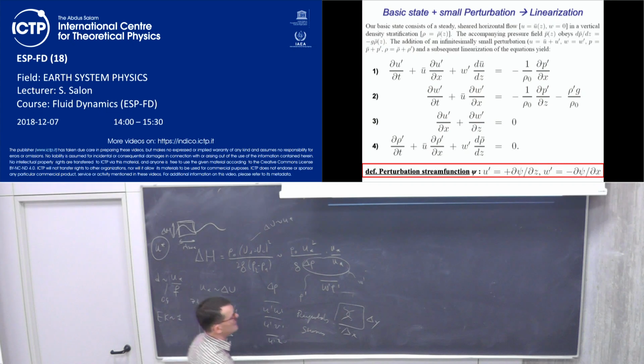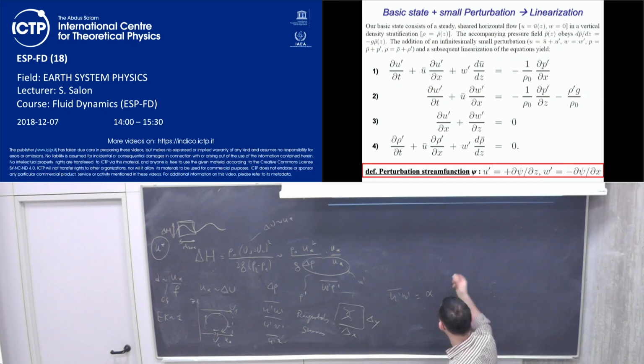And for example, say that u prime w prime will be equal to a certain alpha, for example, times d u bar over dz. Because I know u bar, I know the average of the velocity, but I cannot represent this. Of course, this brings an error.